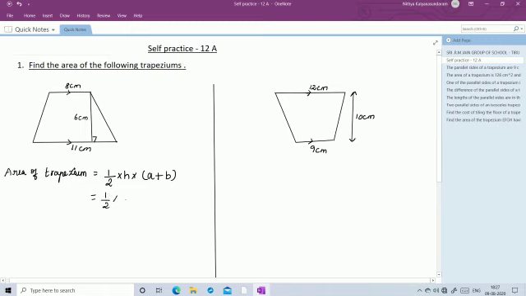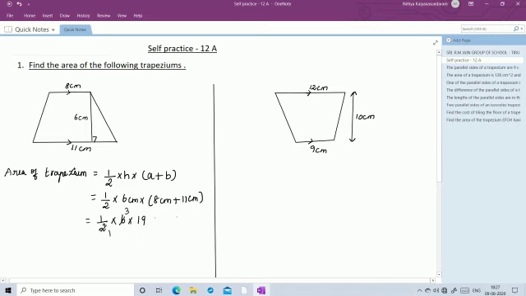Half into 6 centimeter into a is 8 centimeter plus 11 centimeter. 1 by 2 into 6 into 8 plus 11. 8 plus 11 is 19. So if possible to cancel, cancel. 1 twos are 2, 3 twos are 6.